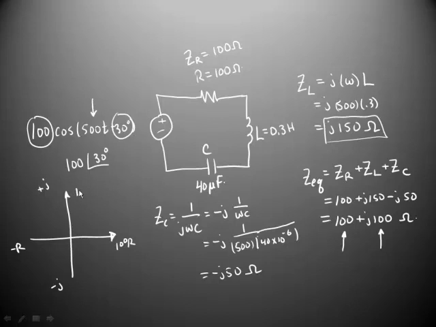It has a length of 150 in the plus J direction. The capacitor is also purely imaginary. It has a length of 50 and it points in the minus J direction. And that's all you need to know about converting from time domain to the phasor domain.